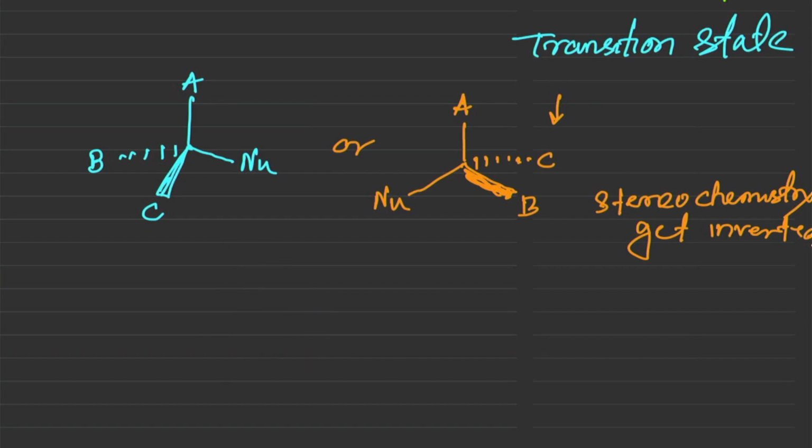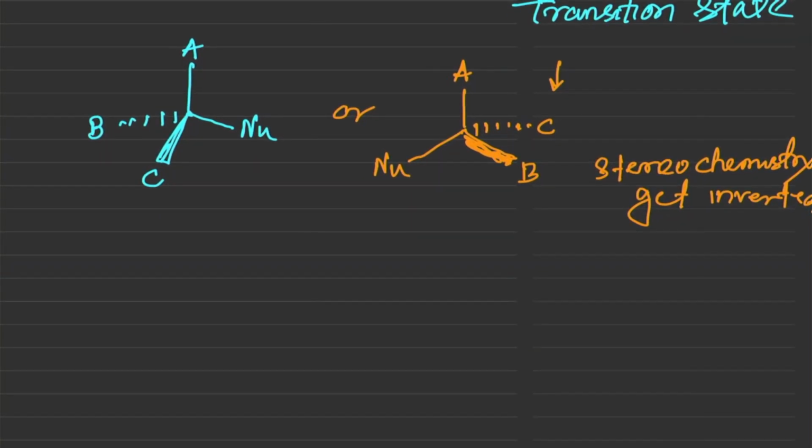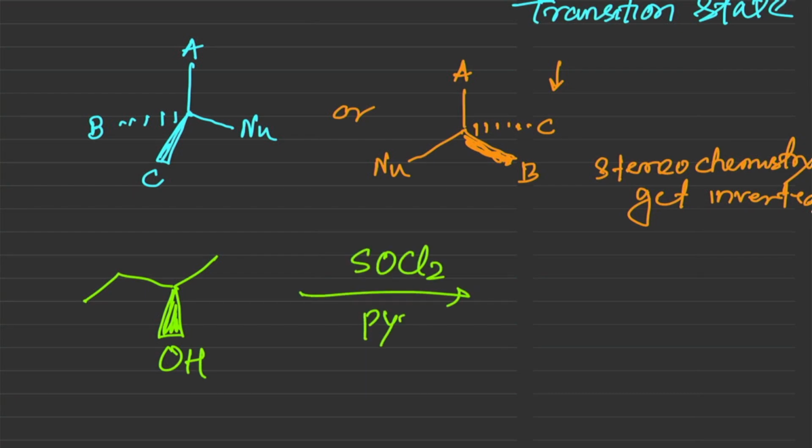Okay. In the next video, we will talk about the reaction of PCl3 and some more problems. So maybe you can try this problem. Let's say you have an OH, and then you react it with SOCl2 and pyridine. You will see a lot of questions like this. So what would happen? Well, what is the nucleophile in our case? Our nucleophile is chlorine, right? Chloride.